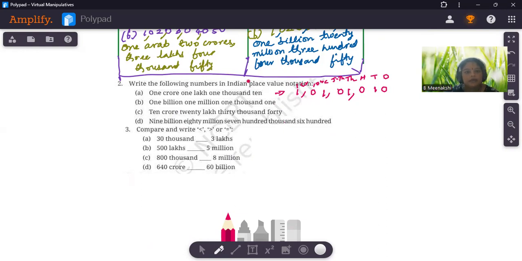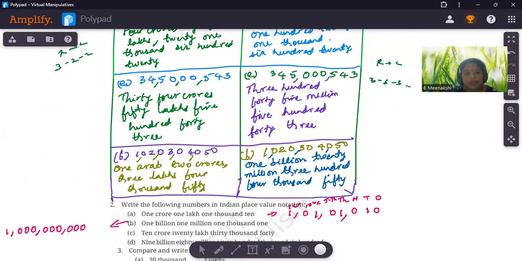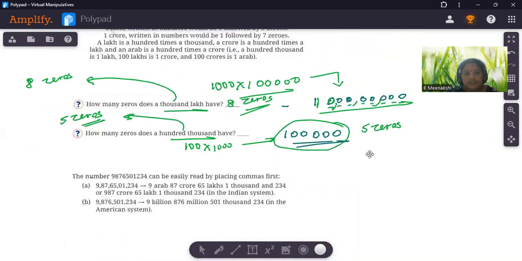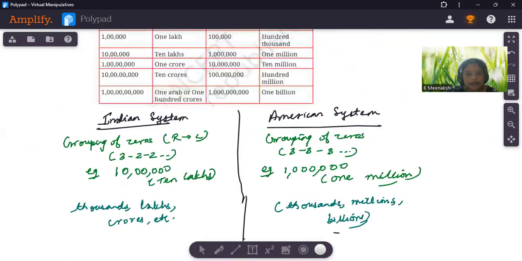1,010. Okay. Now you see this part, 1 billion, 1 million, 1,001. Okay. 1 billion. So 1 billion is what? 1 followed by 9 zeros. Right? Next. 1 million. For 1 million, if you go back to the place value system, so I'm teaching this in detail, okay, so you can understand.